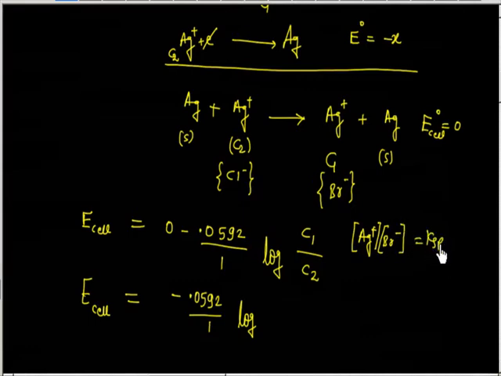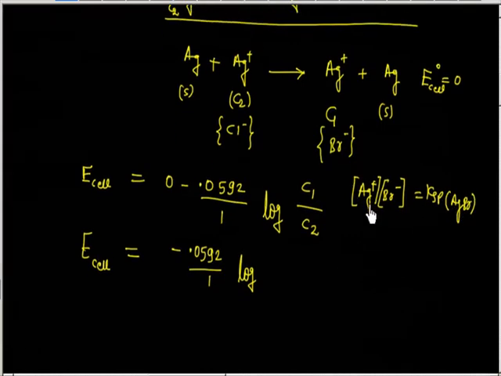Are you getting or not? So Ag plus, that is C1. What is its value? Ag plus is nothing but Ksp AgBr divided by Br minus. Simple.